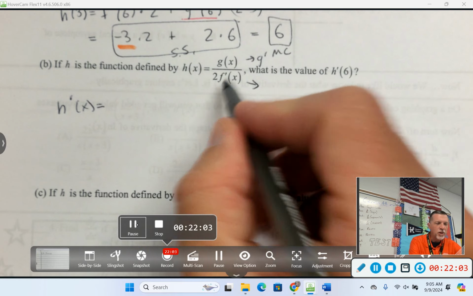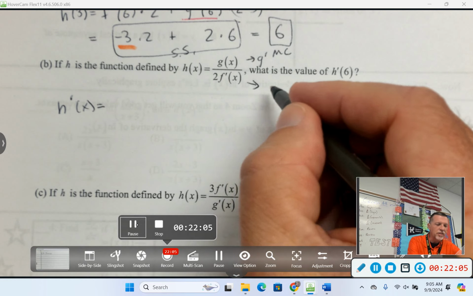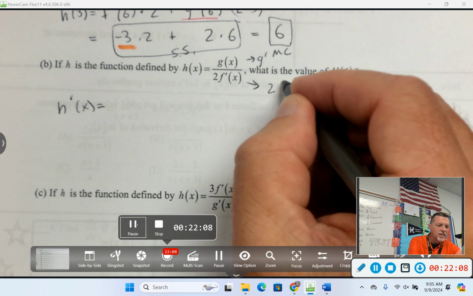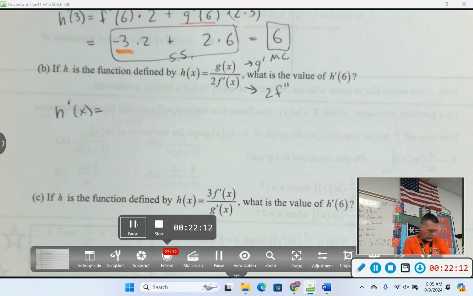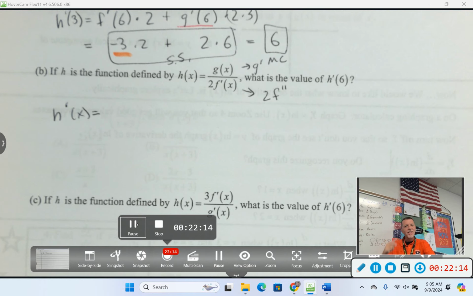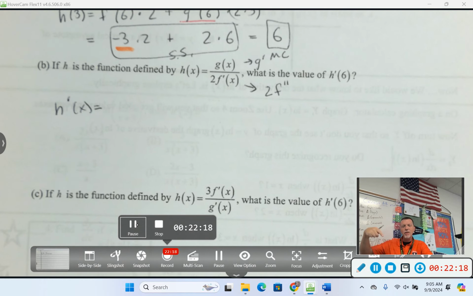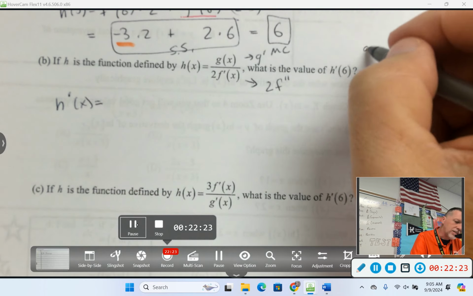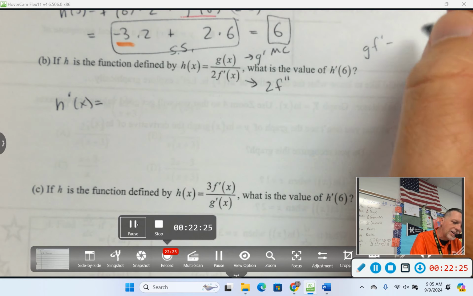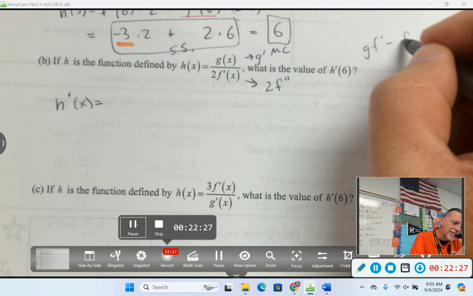If the bottom is 2f prime, its derivative is 2f double prime. Oh, and this is annoying because they labeled f and g backwards from what we normally have. F is usually the top, g is normally the bottom. So this would be where the high-d low, low-d high might help, I guess.